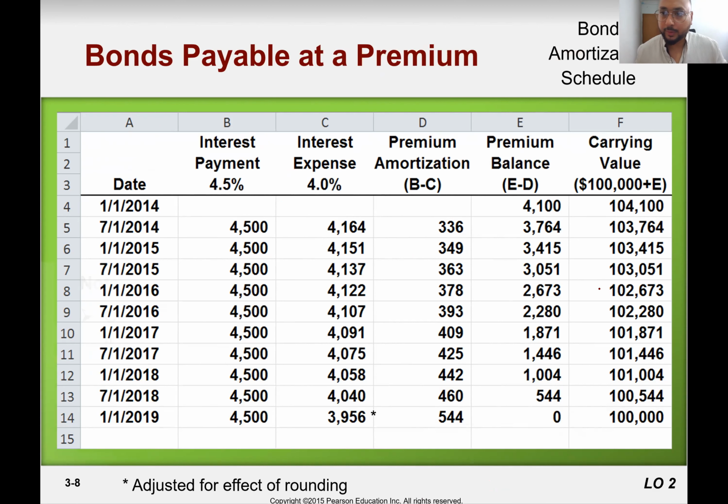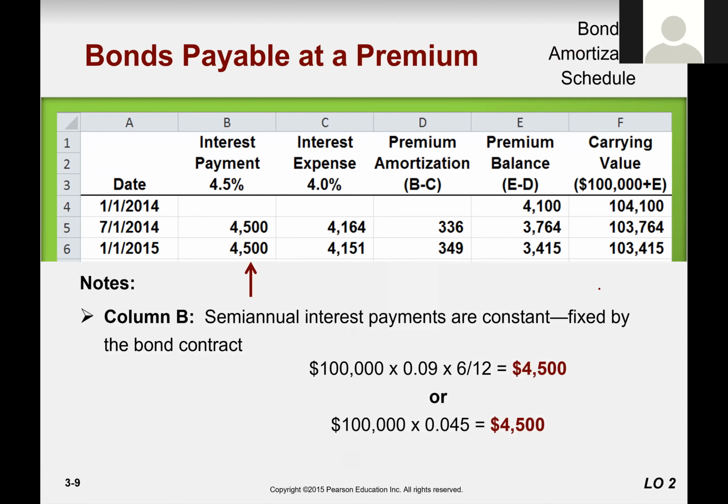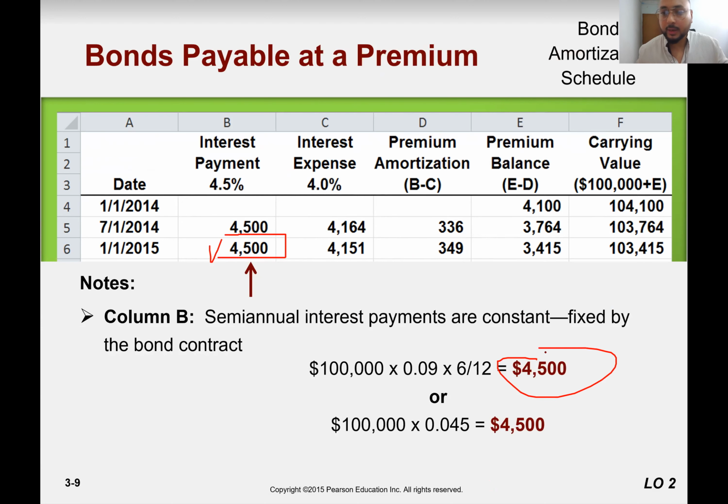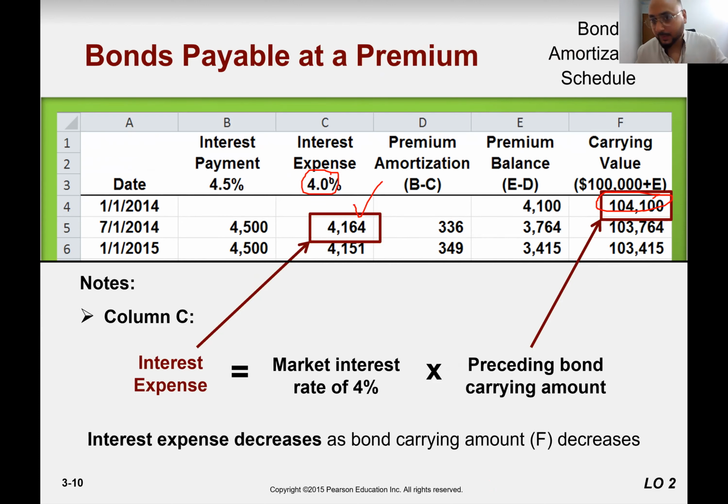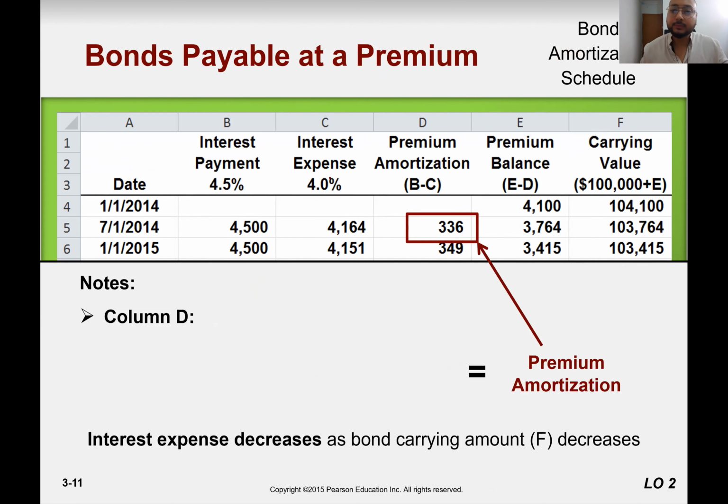Okay, let's move forward. So this is all the procedures that it says how we calculate the next. So it would be again 4,500, right? Where this is coming from? It is coming from market price multiplied by 4%. This is amortized premium.